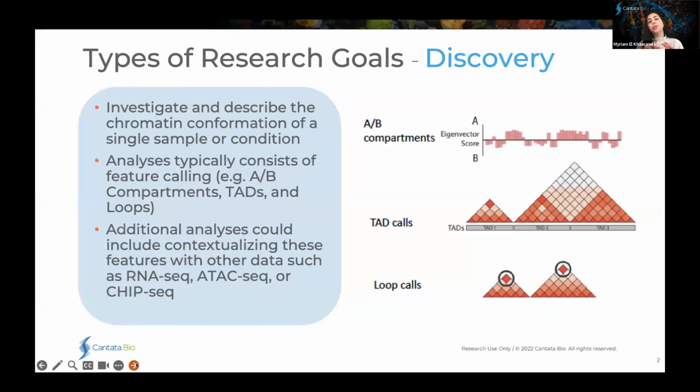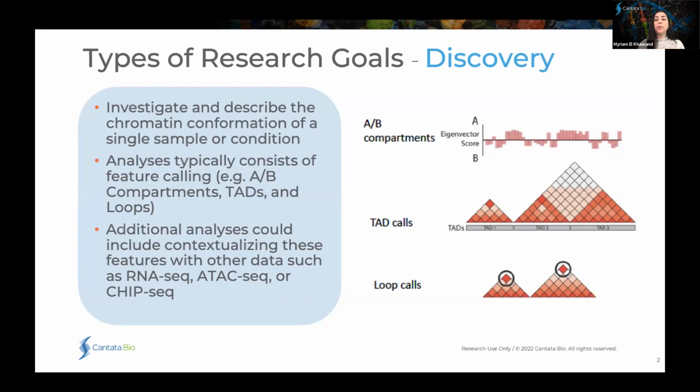So there are two types of research goals from generating the 3D genomics data: discovery or comparison. If your research goal is a discovery, you're really looking at studying the chromatin conformation of a single sample or experimental condition. So you're really looking at calling topological features such as AB compartments, TADs, or loops in your sample.